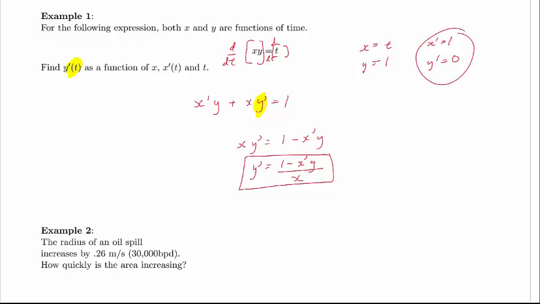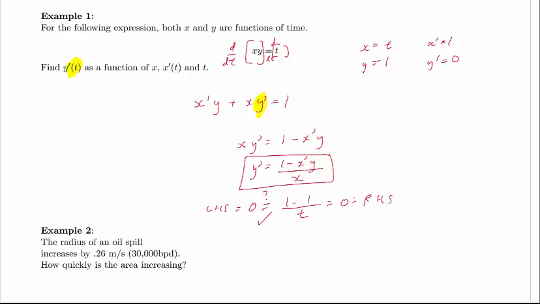And so if you plug all these guys into the final expression, we note that it will work, right? Y prime is 0, 0 equals 1 minus x prime, which is 1, times y, which is also 1. 1 times 1 is 1. And then x is t, right? So we got our left-hand side, and that equals 0, which is our right-hand side.